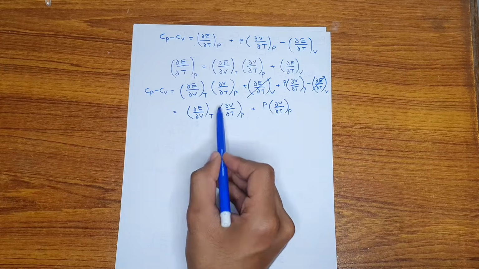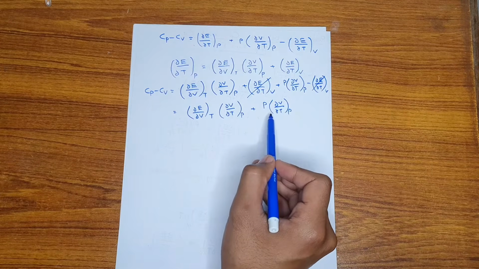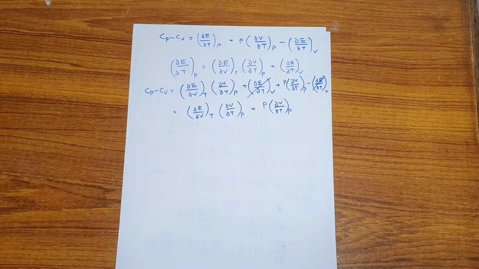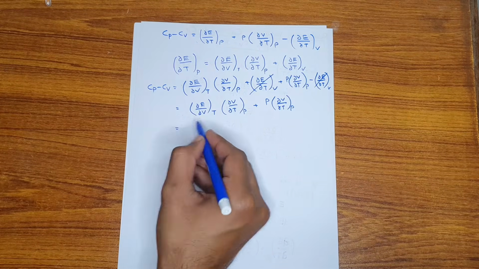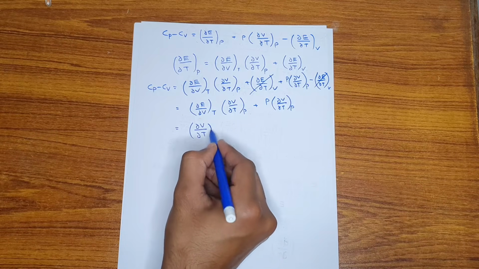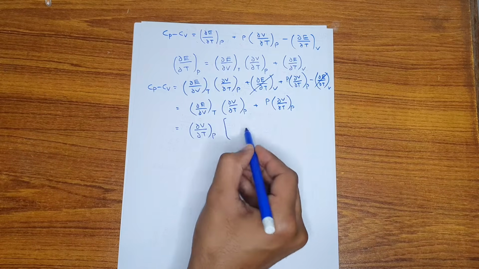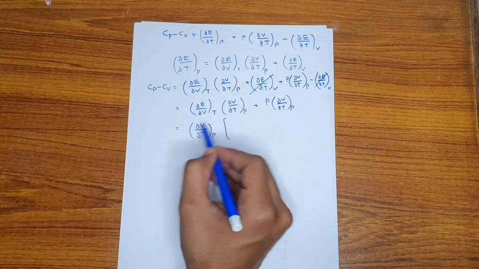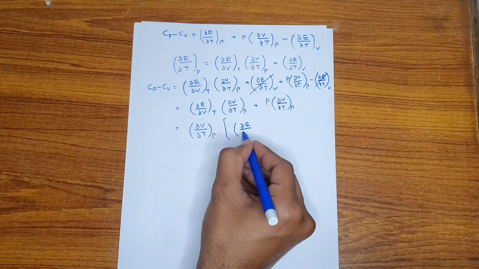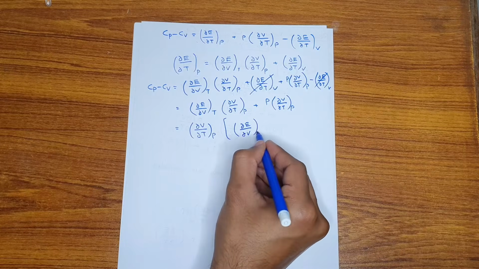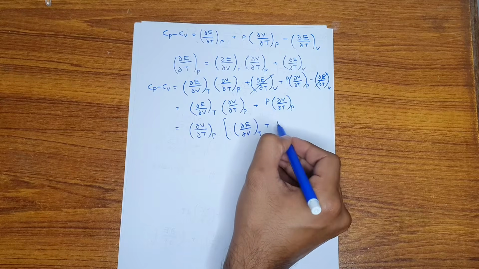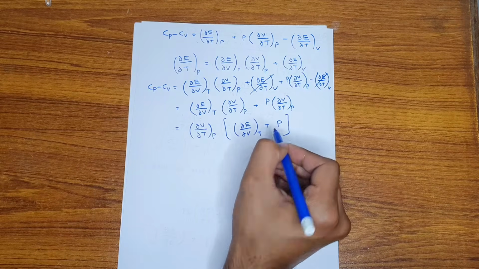Now as you can see, this part and this part are the same, so I can take it as common. Taking this part common will give me ∂V/∂T at constant pressure, and since this part has gone out as common, I'm left with ∂E/∂V at constant temperature, and then plus, and this part has gone out, I'm only left with the pressure here.